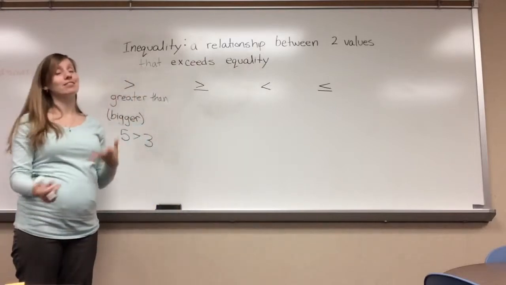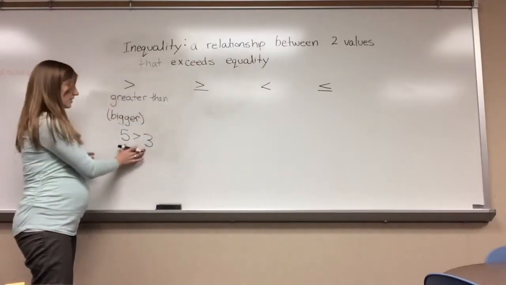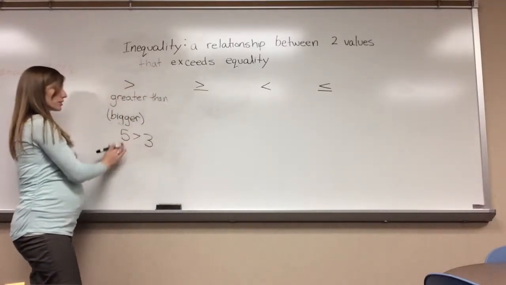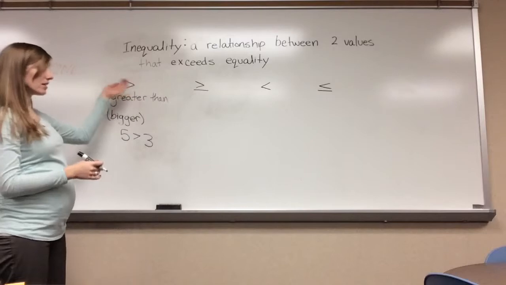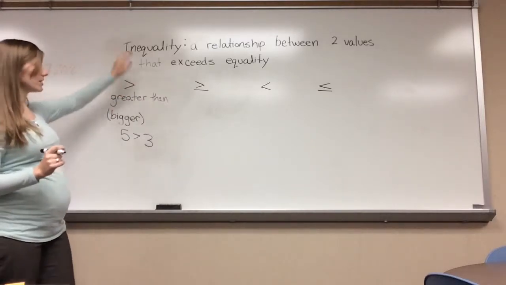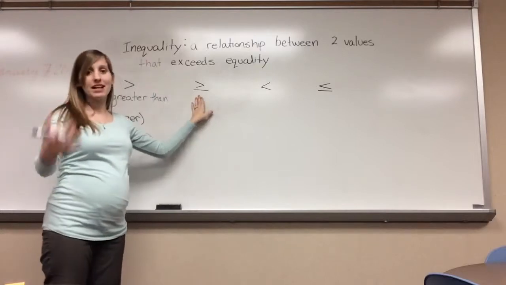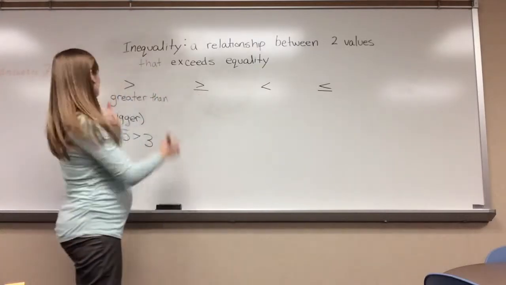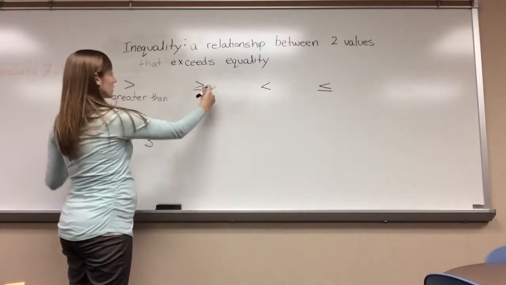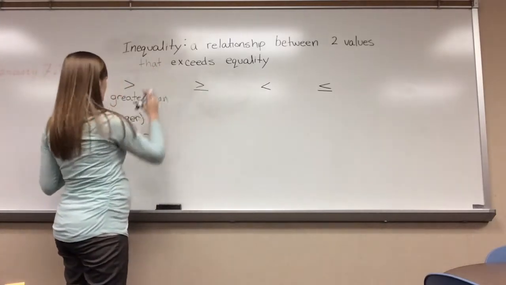Because not everything in life is equal. So this gives me more symbols that I can use to help me show the relationship between two amounts that are not necessarily equal. Now, the nice thing about inequalities is they can also represent equality. This is a greater than symbol. This one opens the same direction; the wide part is opening up to the left.